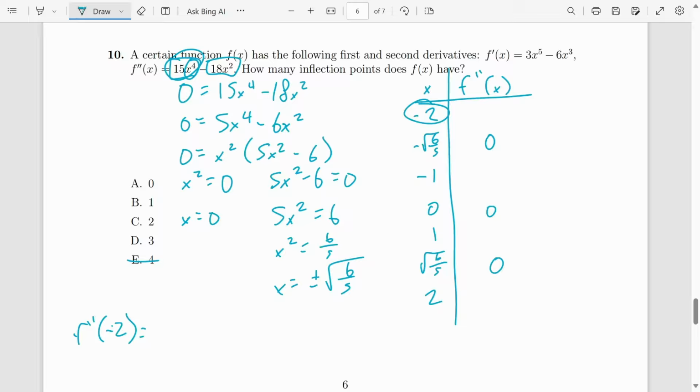So because of all of that, this is going to be positive. And that's really all we need to know for these. That's basically what we just based question 9 off of. So we really can just use positives and negatives for all of these.